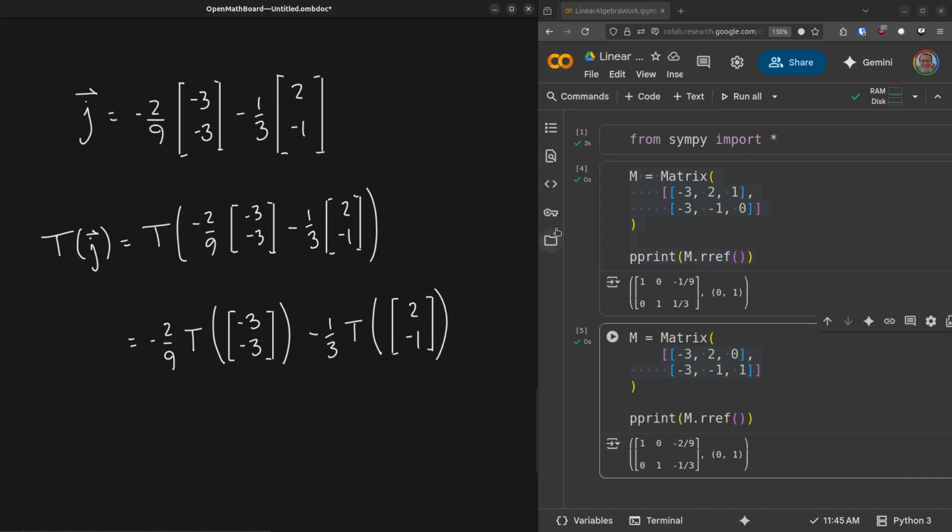Okay. The transformation on negative 3, 9, if you go back to the original problem, the transformation was the vector negative 3, 9, negative 3. And the transformation on 2, negative 1, again, you have to go back to the original problem. It tells us the transformation was 5, 3, negative 7.